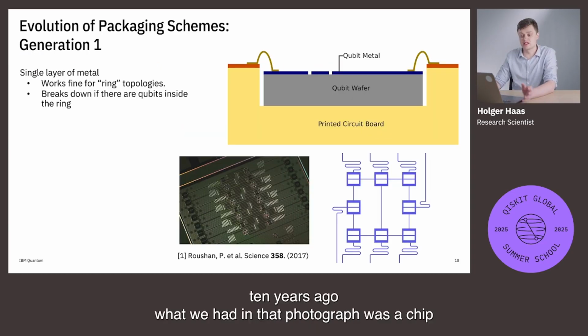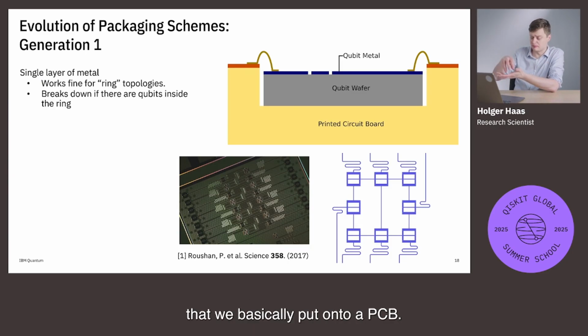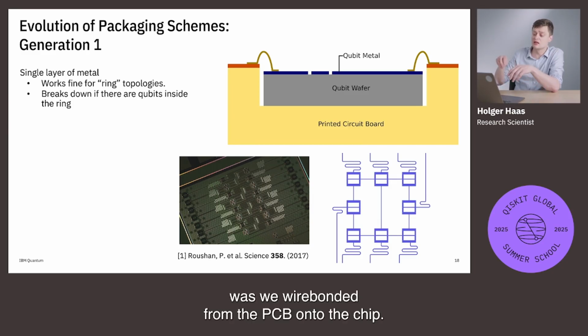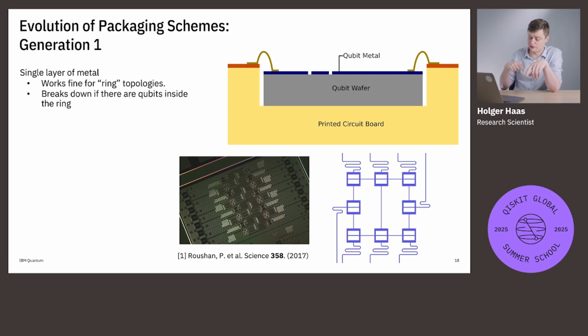Moving on, 10 years ago, what we had in that photograph was a chip that we basically put into a PCB, and the way we connected it to the PCB was we wire bonded from the PCB onto the chip. Now, that works fine as long as the topology of your quantum computer is either a line or a ring.